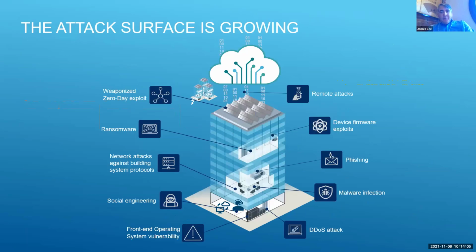Let me just say that when we look at building automation and control networks overall, what we have are sophisticated networks that largely used to be proprietary, so there was security through obscurity. As they've become more and more open with technologies like BACnet, we've opened the attack surface.